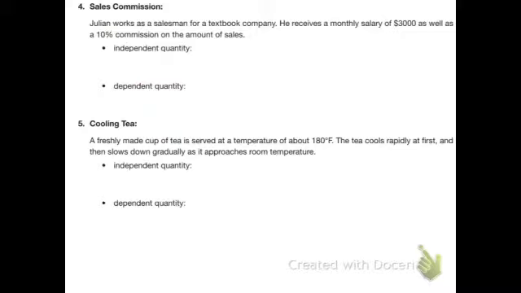Sales commission. Julian works as a salesman for a textbook company, receives a monthly salary of $3,000 as well as a 10% commission on the amount of sales, which can be a pretty sweet deal if you're selling a lot of books. Alright, so things that change, don't look at the 3,000, that's not going to change, okay? But this commission on amount of sales, that's like a big hint that his commission depends on the sales, right?